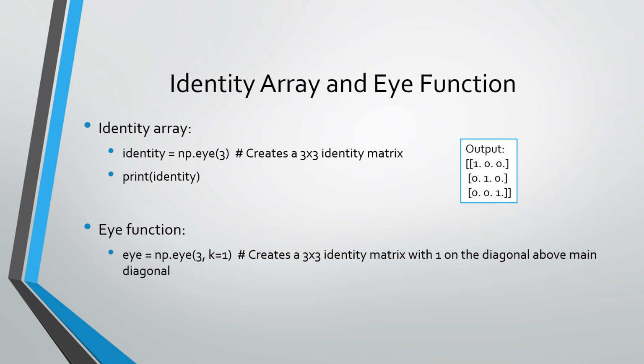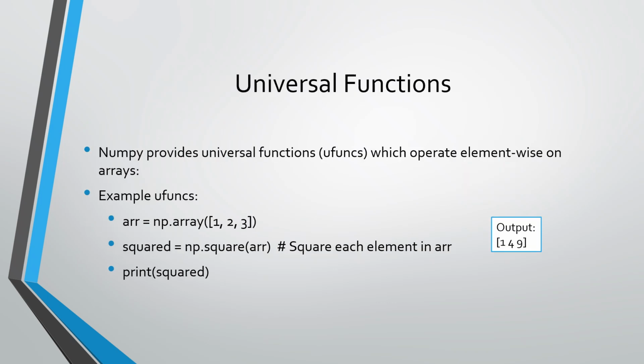All the other elements will be 0. In this function, we can set k equal to 1. That creates a 3 by 3 matrix with 1s on the diagonal above the main diagonal, if you set k equal to 1.